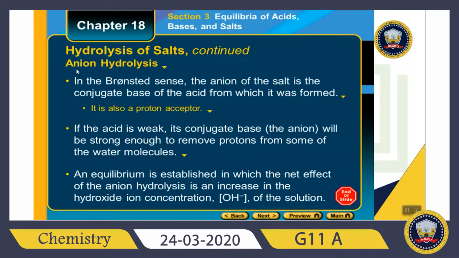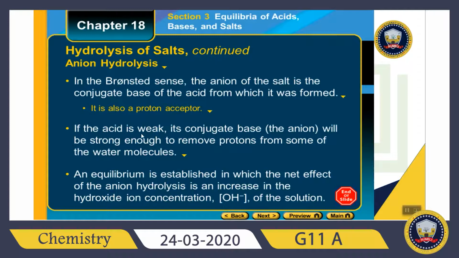Anion hydrolysis, these anions come from the weak acids. So, since the anion of the salt is the conjugate base of the acid, as mentioned before, from which it was formed, it is also a proton acceptor.